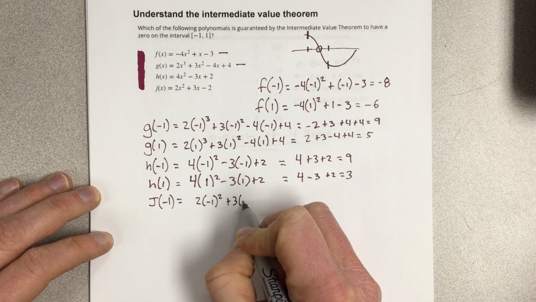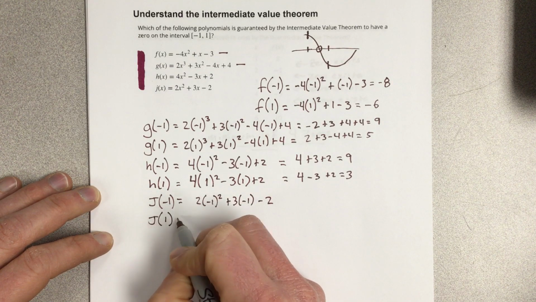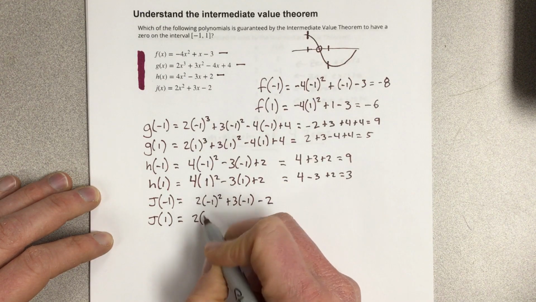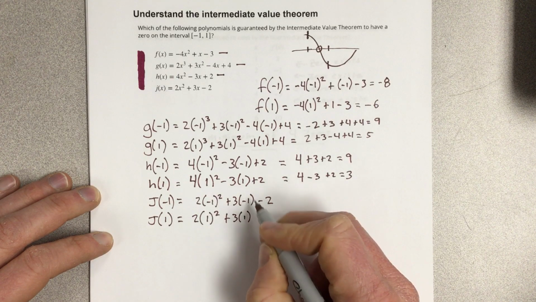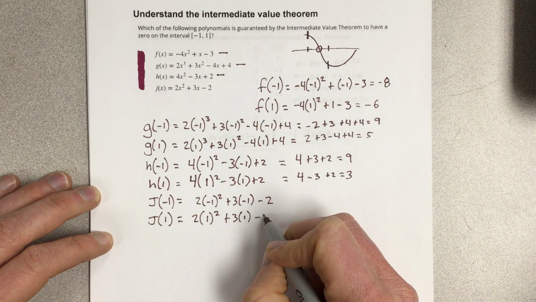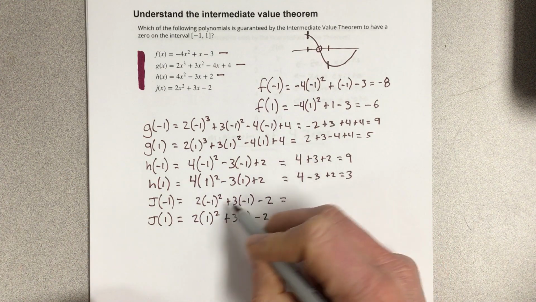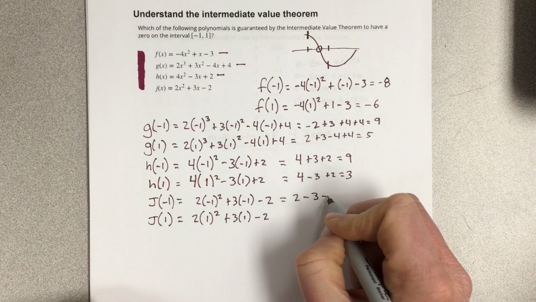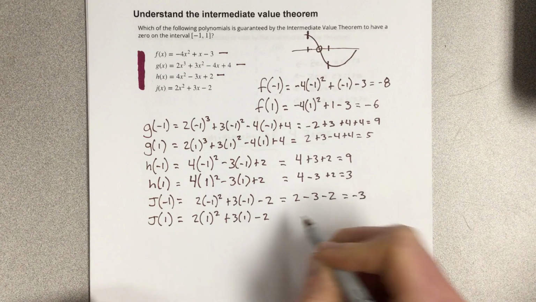plus 3 times -1, minus 2. And then we'll do j of 1. So that's 2 times 1 squared, plus 3 times 1, minus 2. I get 2 minus 3 minus 2 there, which gives you -3.